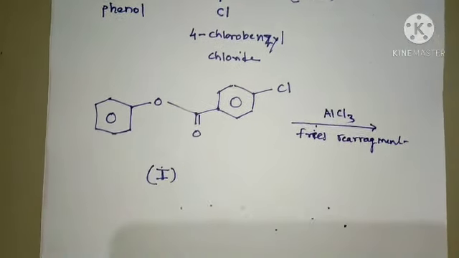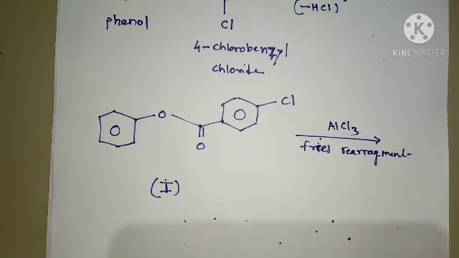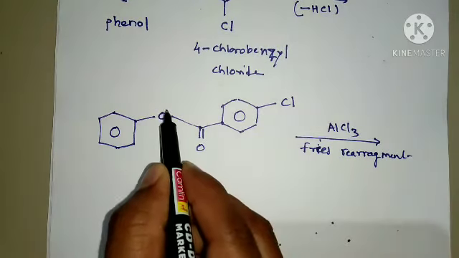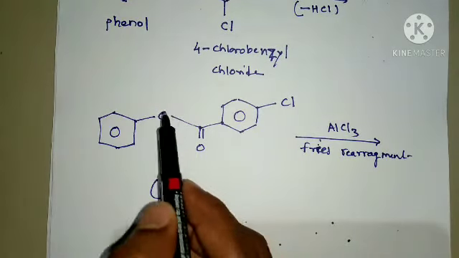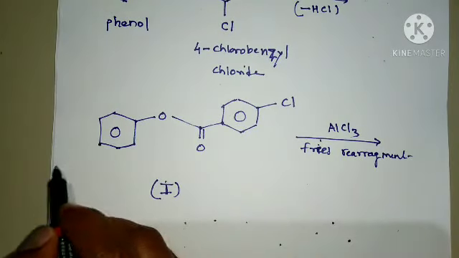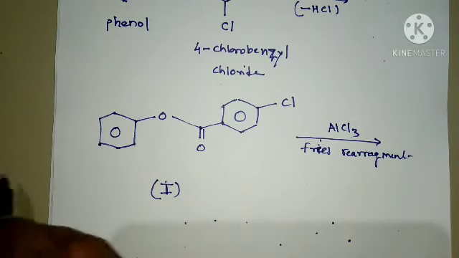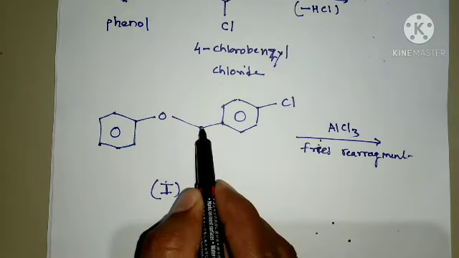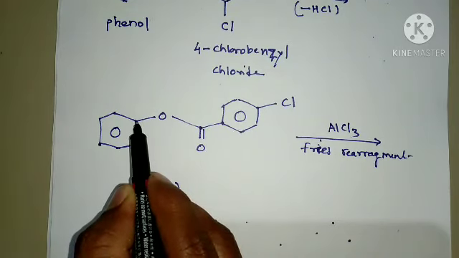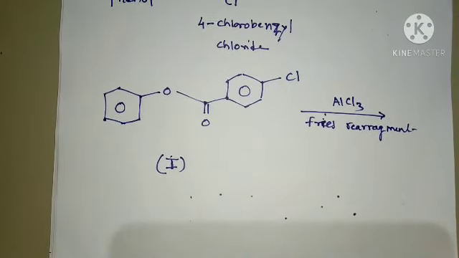In the Fries rearrangement, one change will occur, that is the oxygen in this structure goes toward the para position with formation of an OH group, and this C double bond O is directly bonded with the benzene ring carbon. Simple changes there.